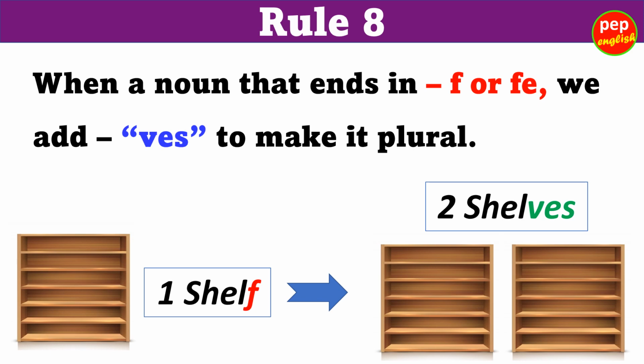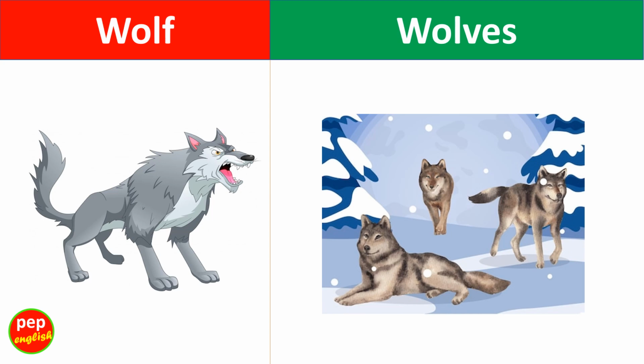When a noun ends in f or fe, we change it to ves to make it plural. 1 shelf. 2 shelves. Wolf. Wolves.